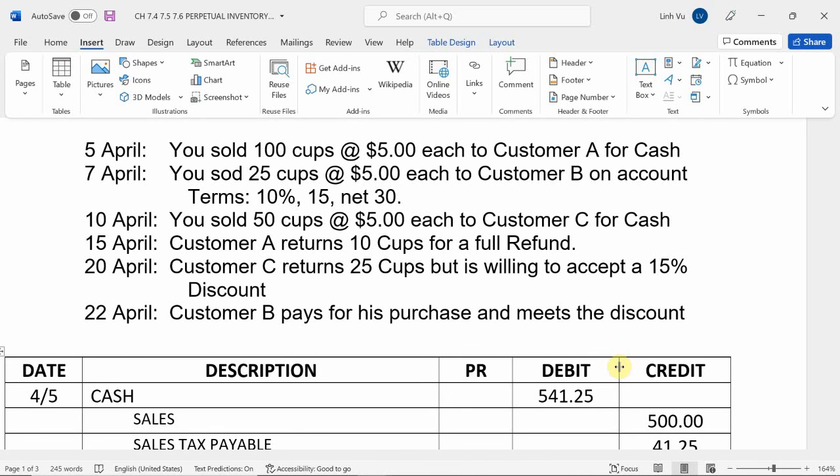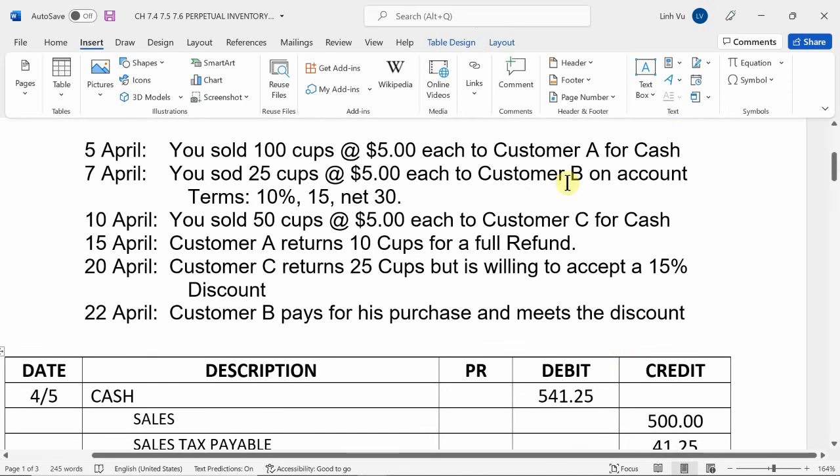Good, so that's what the discount is, the $18.75. So 25 cups at $5 each times that 15% discount gives you $18.75.